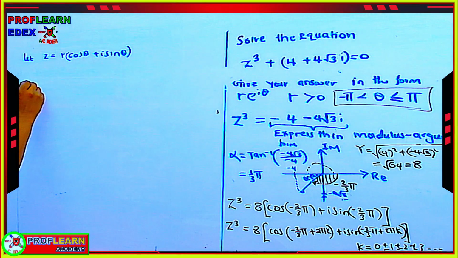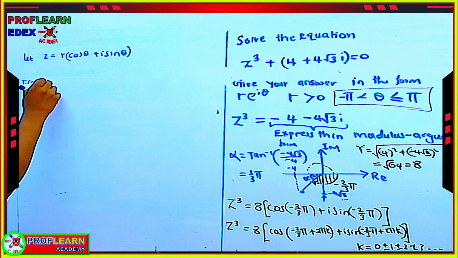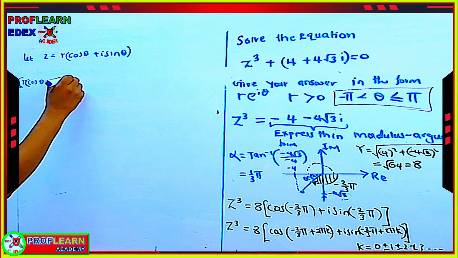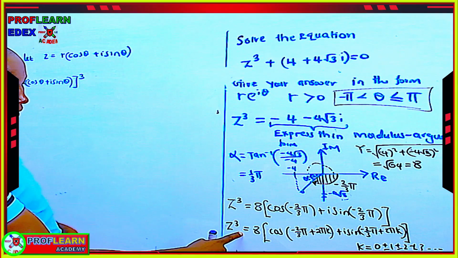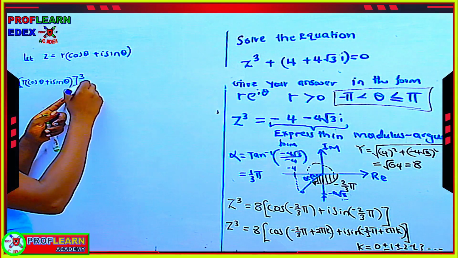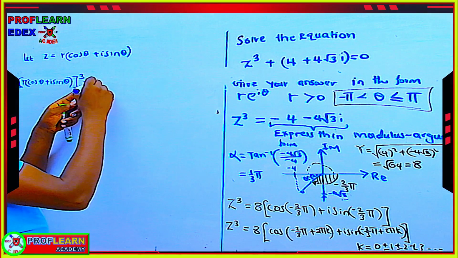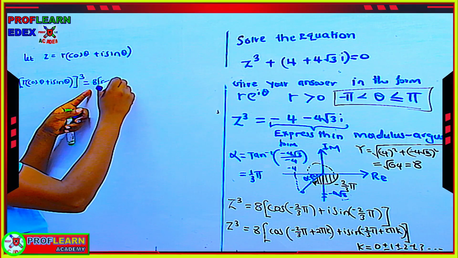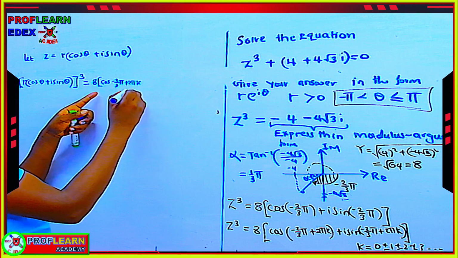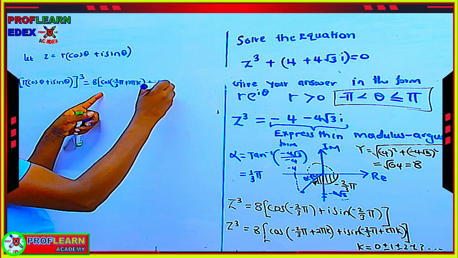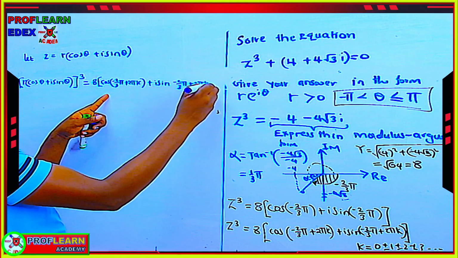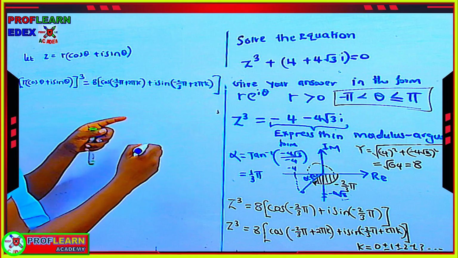We're going to say this is going to be r cos theta plus i sine theta raised to power 3, because of this power 3 that we are having at this point, should be equal to, now we write this, and this is going to be 8 into bracket cos negative 2 over 3 pi plus 2 pi k plus i sine negative 2 over 3 pi plus 2 pi k, like that. So this is our equation.